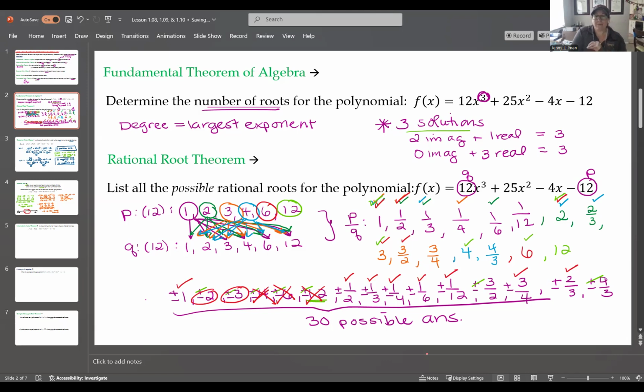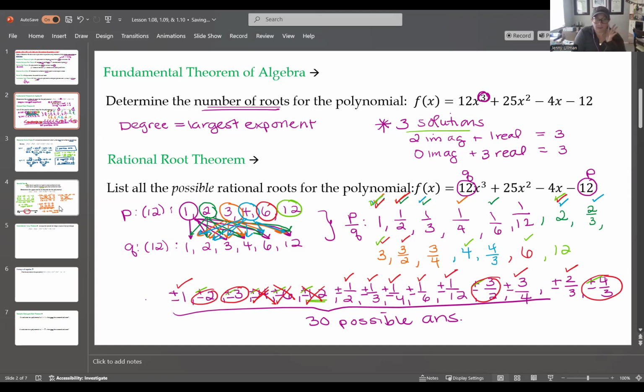I almost cut them in half. Okay, so by bounding it and narrowing it down, I got rid of almost half of these as possible choices. Or I guess I forgot this -3/2, but still a lot less.